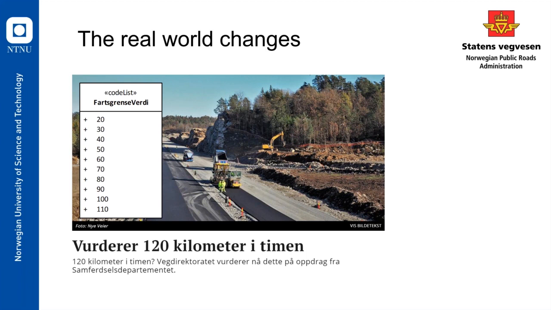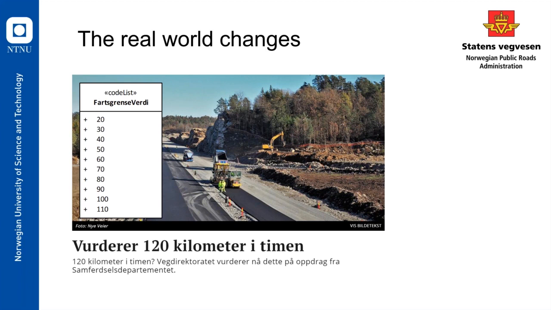If we had a very static defined model for our road database, then it would be difficult to add new values. But by having a generic model, we can have a more open world assumption, and we can keep adding this information. And this is why we created a generic model in TNITS.